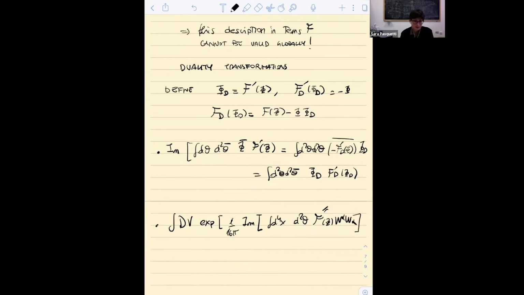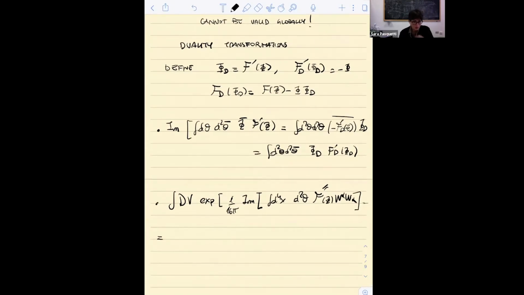So now there is a trick that I can play. I can introduce an auxiliary integration over V dual and integrate over dW. So the integration over V dual is going to play the role of basically a Lagrange multiplier. So I want to rewrite this.